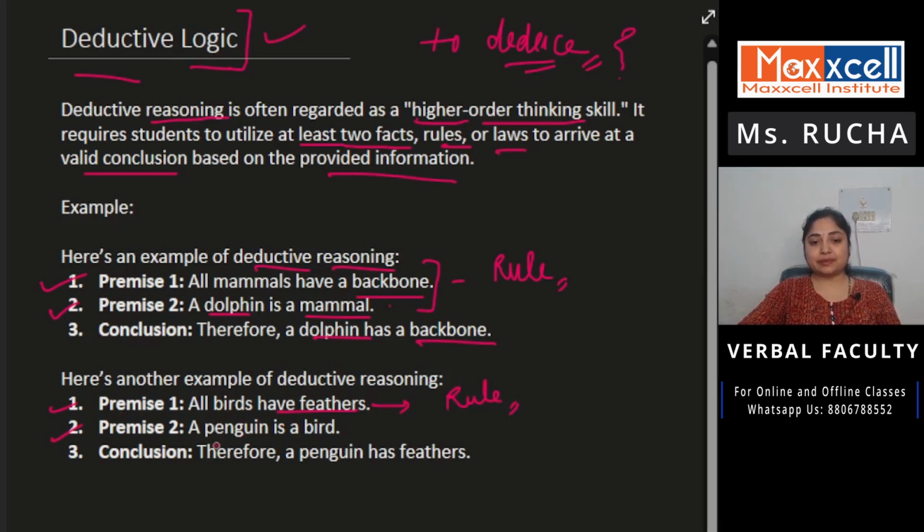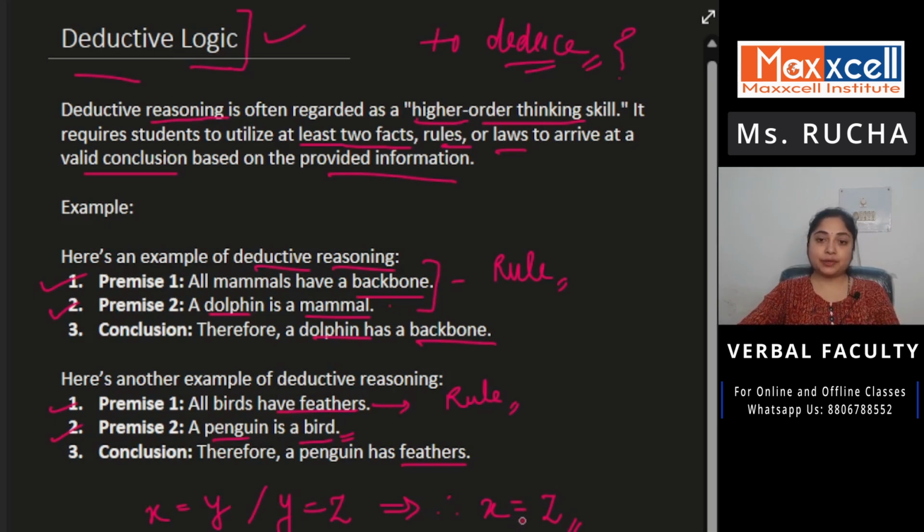So we are saying a penguin is a bird, and what we have said in the first rule is that all the birds have feathers, which means the penguin automatically has feathers. It is like saying that if x equals y and y equals z, then automatically x is equal to z. I hope you have understood this.